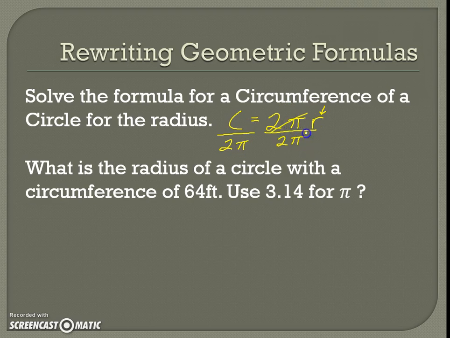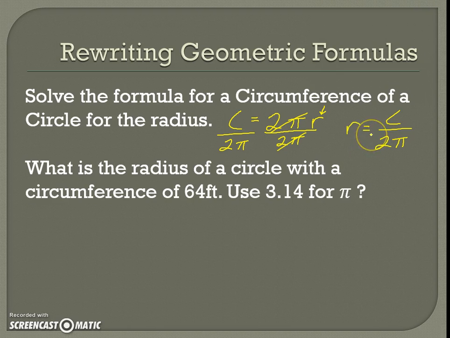So here the 2 pi simplify, and I'm left with c over 2 pi. I'm going to rewrite it in this order. The radius equals c over 2 pi. That is the formula for a radius. All right, so that one's pretty quick, right? A lot of these geometric formulas are pretty easy to rewrite when solving.